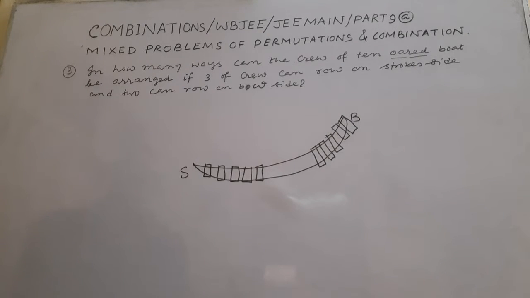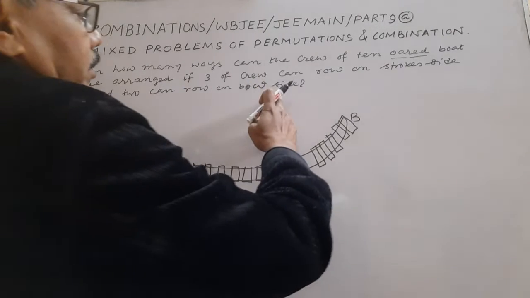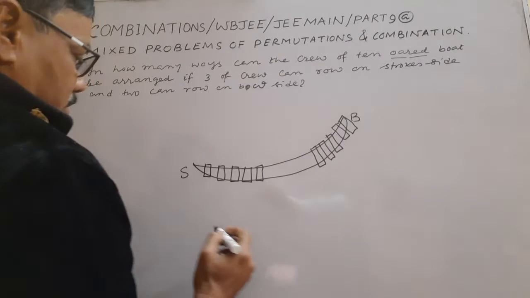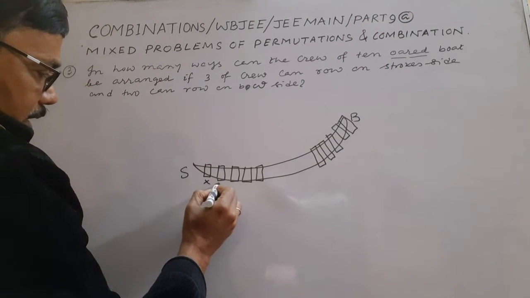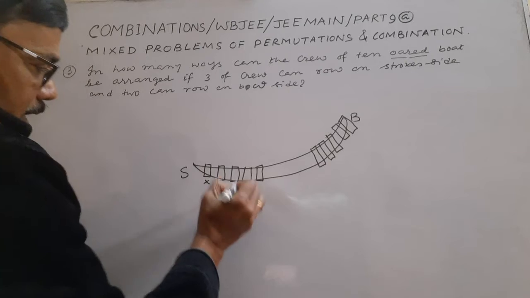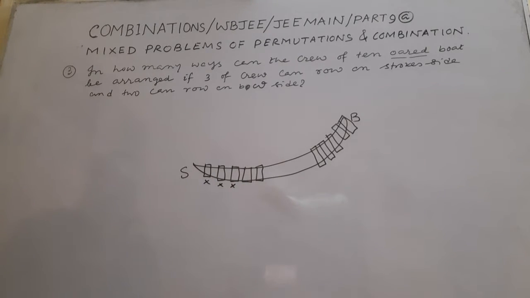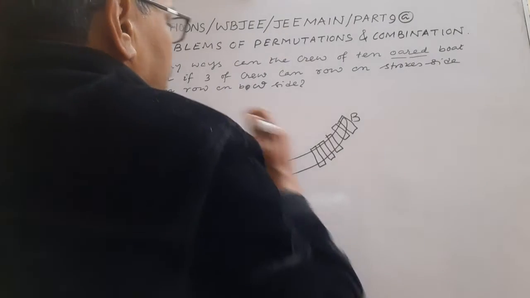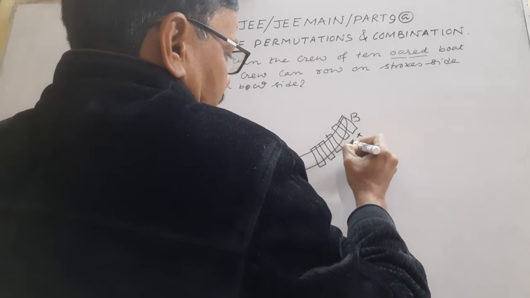Now it is mentioned that 3 of them can row on stroke side. So 3 places are already occupied. And here 2 can row on bow side.